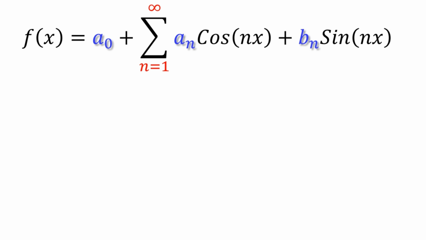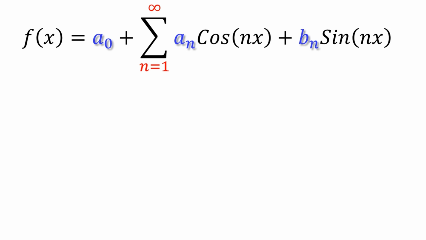That is why you can see it in red color. Then plus an cos nx. Don't forget that this sequence is talking about a1 cos 1x, a2 cos 2x, a3 cos 3x, a4 cos 4x. That means that we can represent that as an cos nx. The same thing applies to bn. We can have b1 sine 1x, b2 sine 2x, b3. So we have it like that.